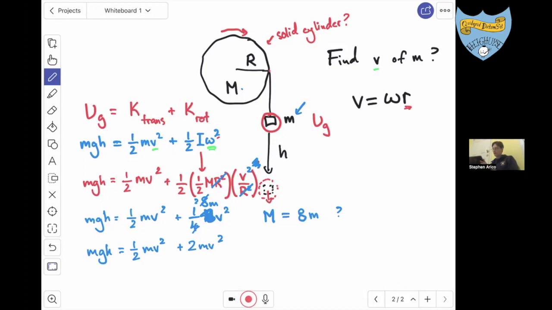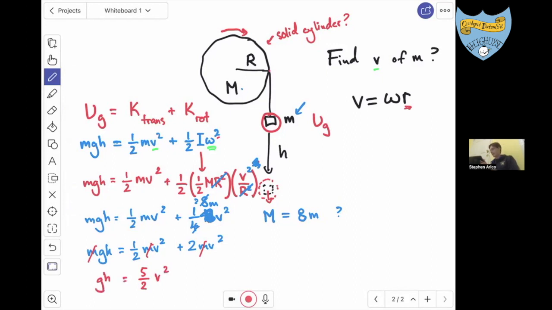The factor of little m cancels out everywhere. And that's going to leave us with gh equals 2.5, so what is that, 5/2 v squared. And then you can solve for v.